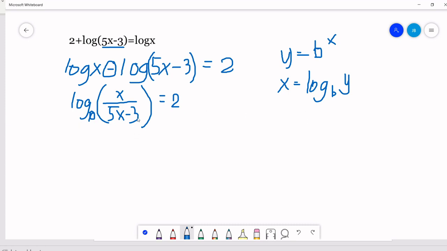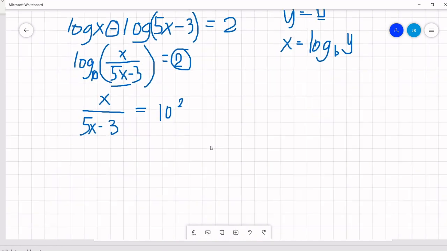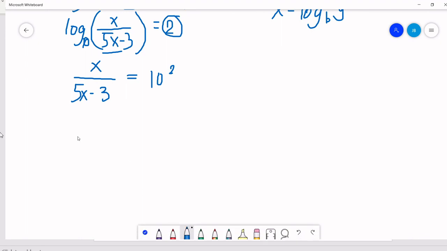So what our y here is x over 5x minus 3, which is equivalent to, that's our y, our b is 10 and our x is 2. So that would now be equivalent to x over 5x minus 3 is equal to 100.